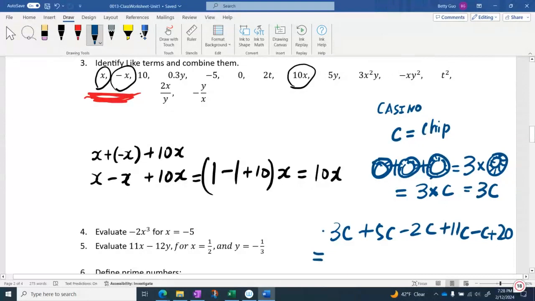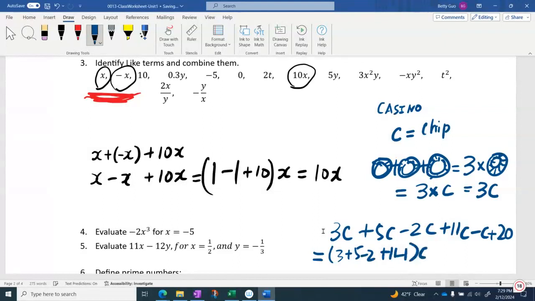The first 5 terms are like terms because they have exactly the same variable part C. Then we can combine them. By the rule of combining like terms, we just calculate the coefficients: 3 plus 5 minus 2 plus 11 minus 1, and then keep C here.